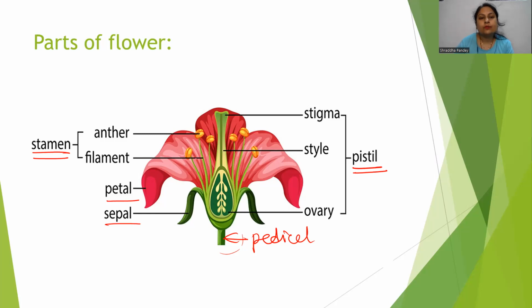Now, this flower has the pistil and the stamen, the essential reproductive organs I told you about. The pistil has the ovary, style, and stigma. Have you seen this hibiscus flower? The hibiscus flower has this particular part.